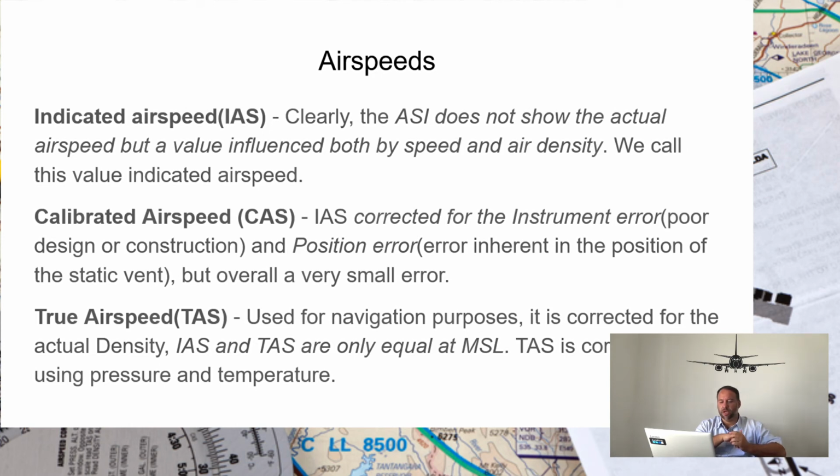True airspeed, that's very used, very popular. Used for navigation purposes. It is corrected for the actual density. Indicated airspeed and true airspeed are only equal at mean sea level, only on the shore. True airspeed is corrected using pressure and temperature.